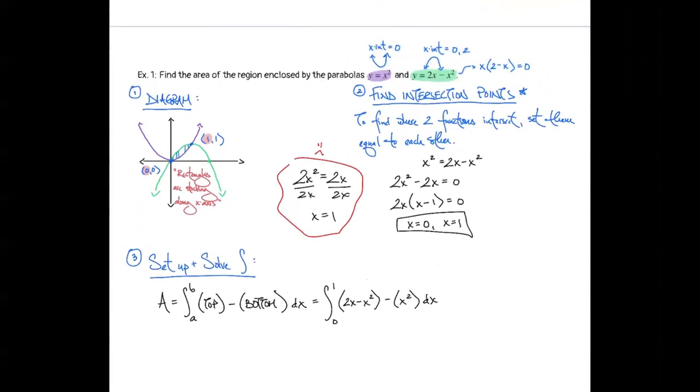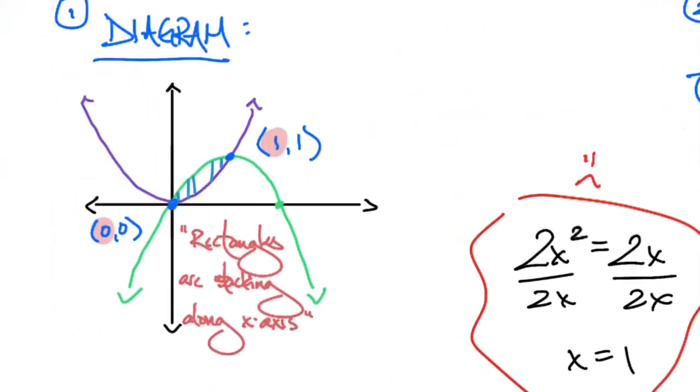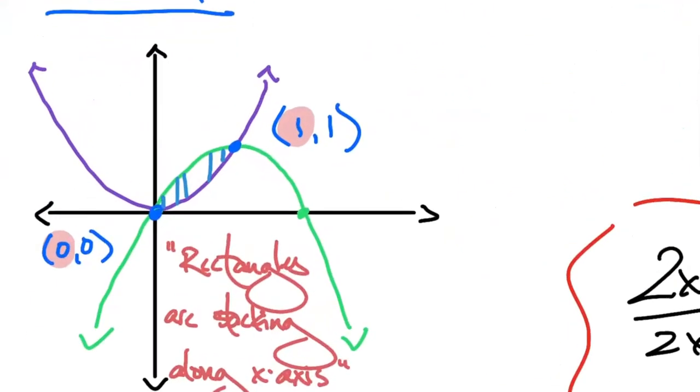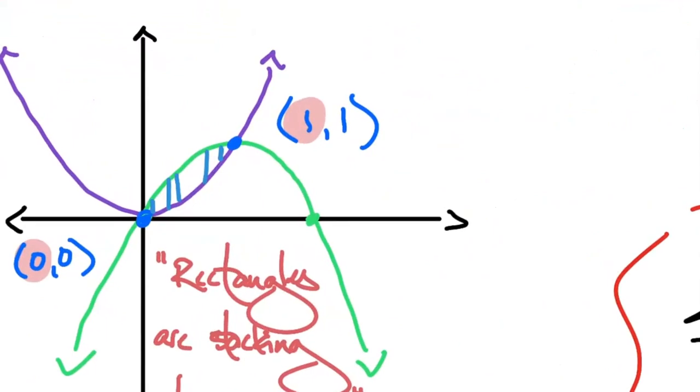I just zoomed in and out a lot. Let me zoom in at this picture a little bit better. Okay, so we can take a look at that. If we zoom in even more, we see that the green one is at the top of all the rectangles, whereas the purple one is on the bottom of all the rectangles.